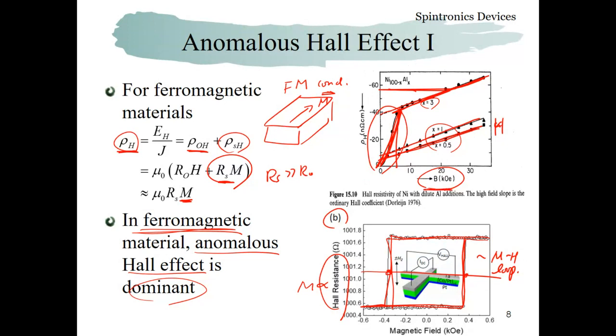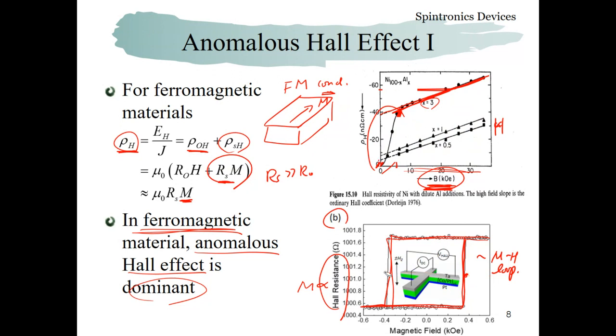And here, the external field is somewhat larger in this case, so this looks measurable, but if we apply a small field, there is no such contribution or a very small contribution. And the other thing is, this is a very weak ferromagnet. That's why it has such a small contribution of the anomalous Hall effect.